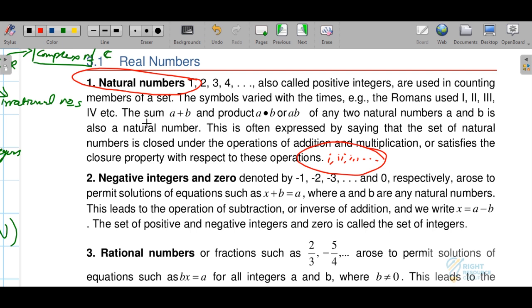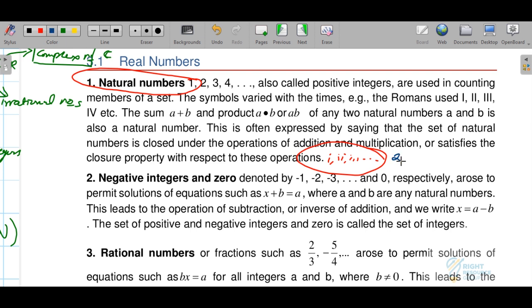It is also important to note that the sum and product of any two natural numbers is also a natural number. What this is saying is, if you pick two natural numbers and you add them together, the resulting solution is going to be a natural number. And if you multiply those two natural numbers together, the result will also be a natural number.